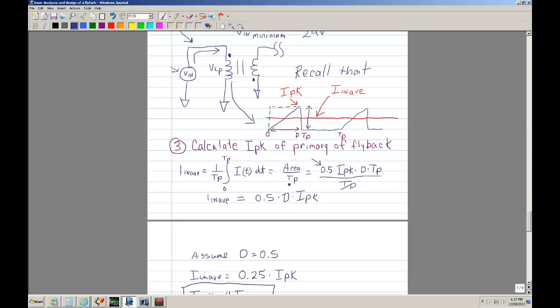So to get the average, it's 0.5 times the peak, which is this height, times the width, which is D times Tp, all divided by Tp. The Tp's cancel, and you end up with I in average equals 0.5 times D times I peak.